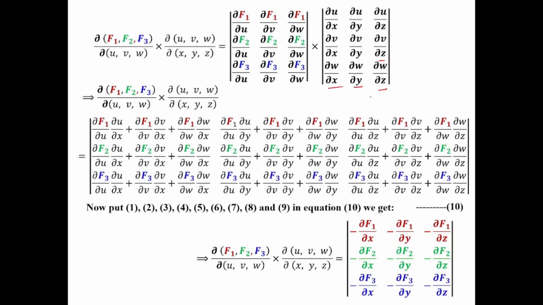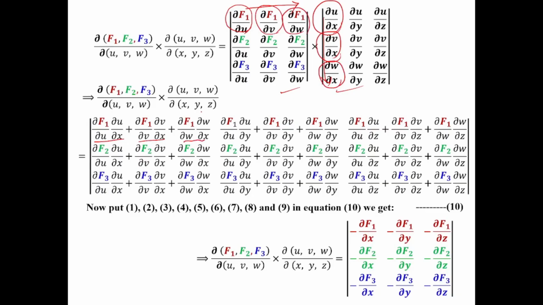Now we have to just multiply these two determinants. Carefully, first we multiply the first row and first column. Here you can see del f1 by del u into del u by del x, plus del f1 by del v into del v by del x, plus del f1 by del w into del w by del x.